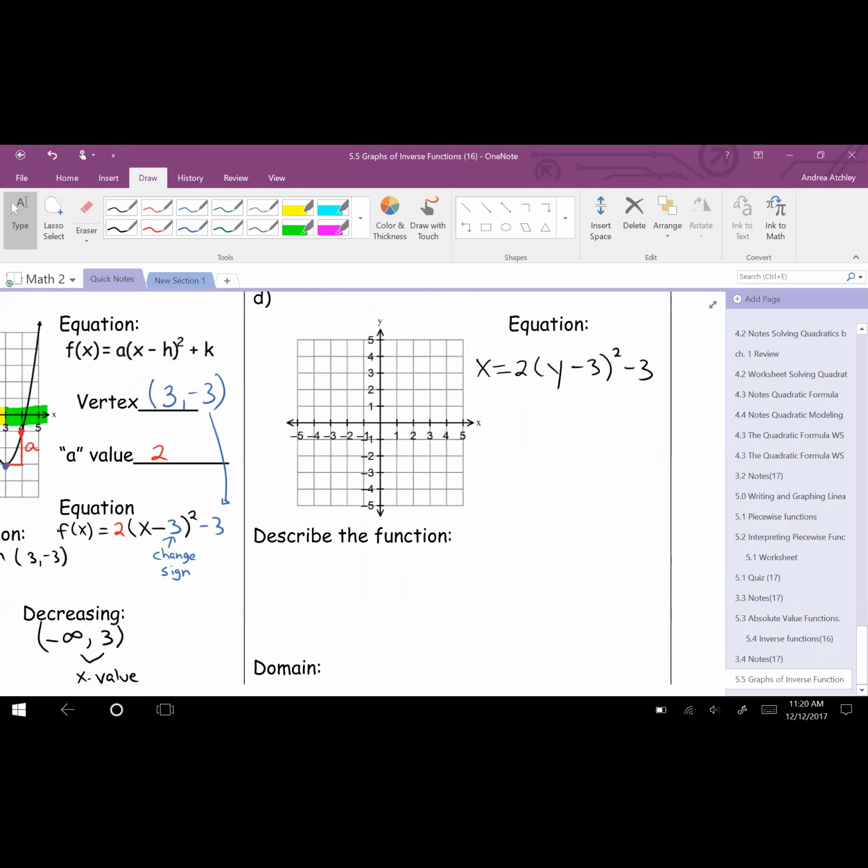Ramiz, what am I going to do first to solve this? We're solving right here. How do I get that y by itself?